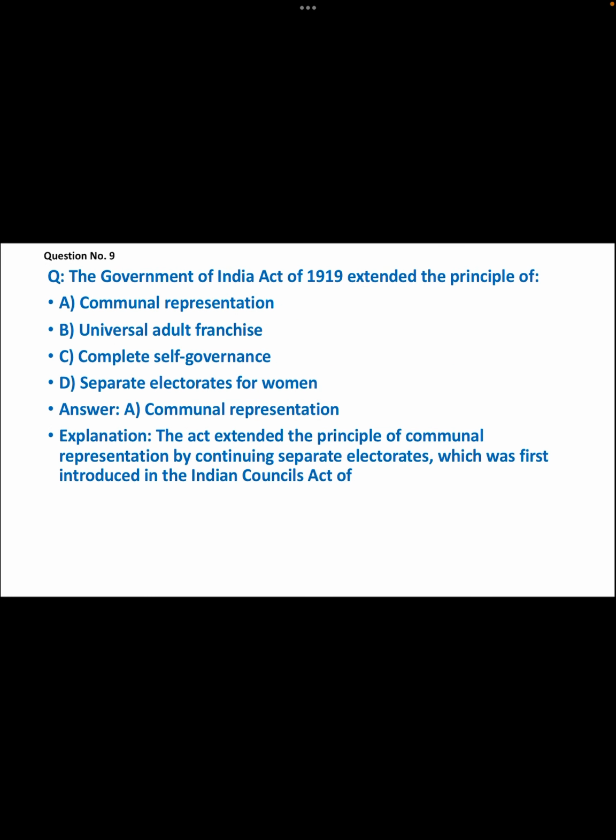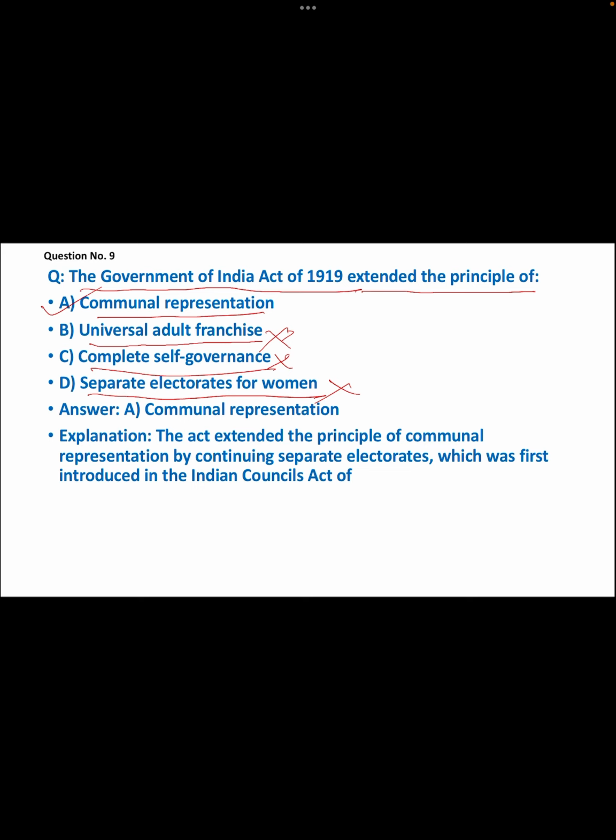The next question is, the Government of India Act 1919 extended the principle of what? A. Communal representation, universal adult franchise, complete self-governance, separate electorate for women. So these others are not the right answer. A is the right answer.